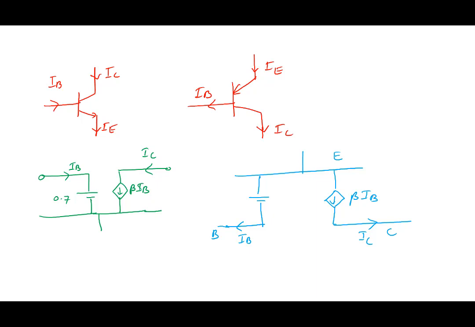Right, this is how we need to think of a PNP transistor. This is also 0.7. This is also 0.7. This is the emitter node here, collector node here.